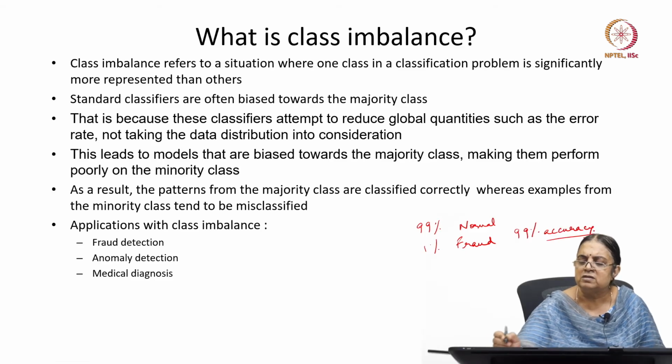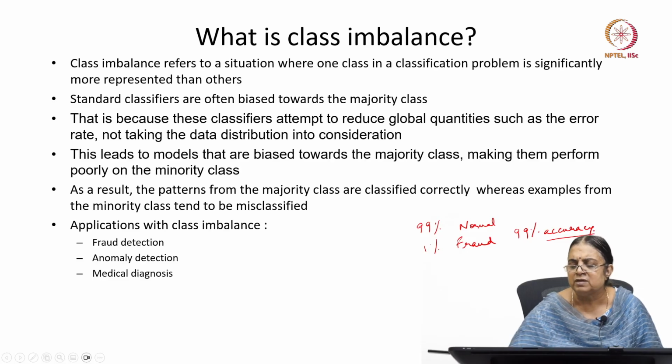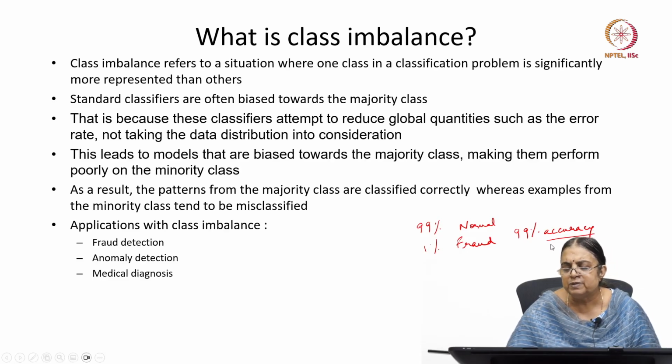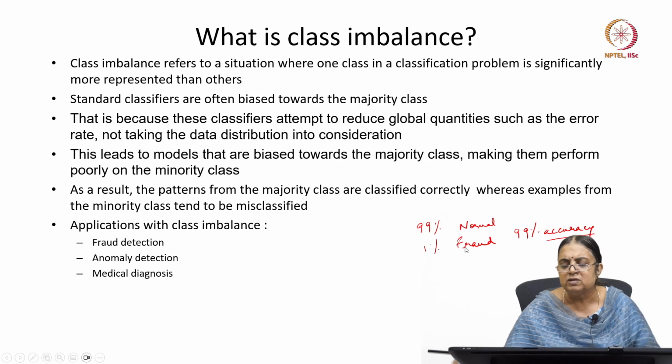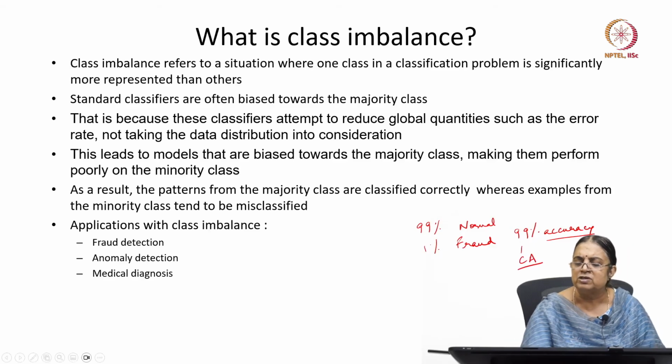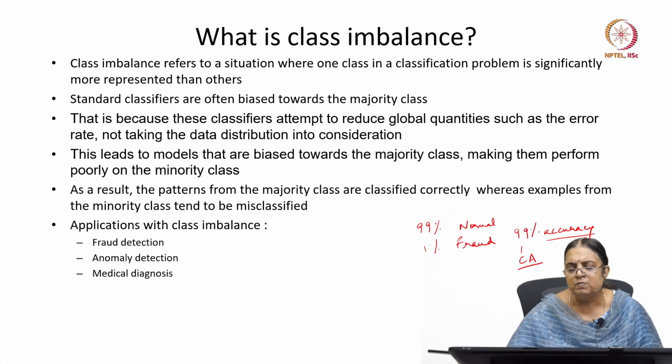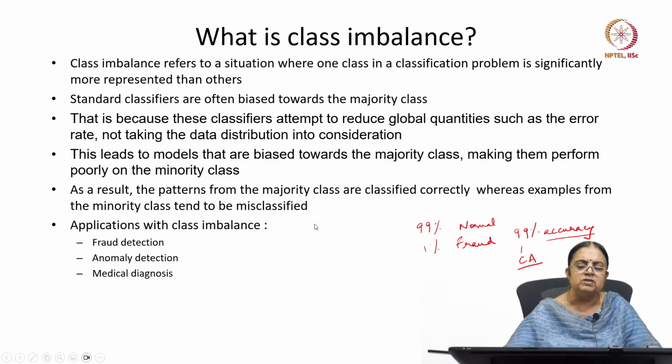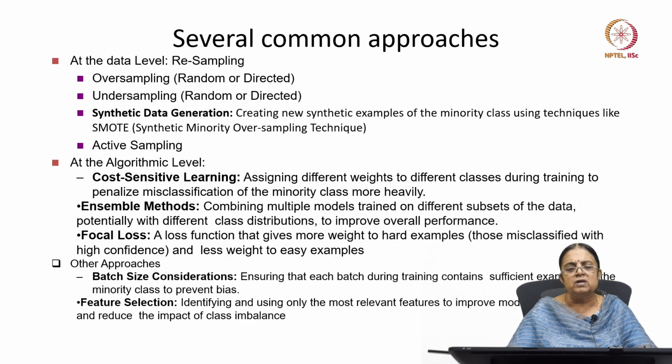So obviously, this 99% accuracy which we are getting here is not what we should be looking for. Basically, we should see how this 1% is being classified. So using the usual classification accuracy may not be a good thing in this case. You have to see what evaluation metrics are better to be used when you have imbalanced data sets.